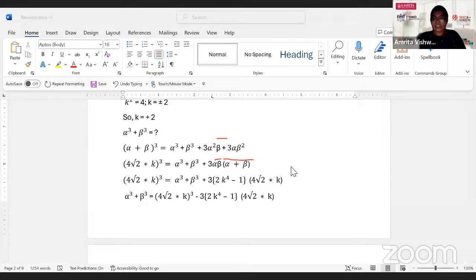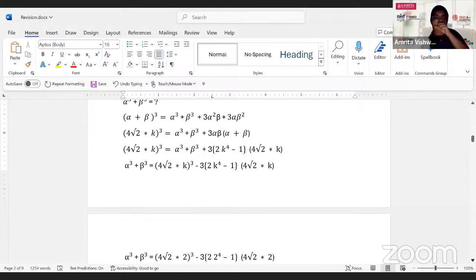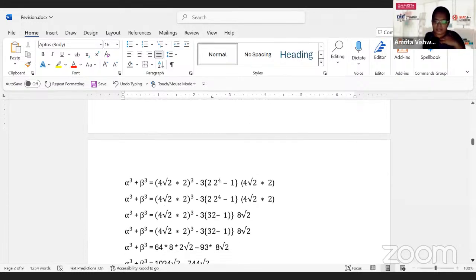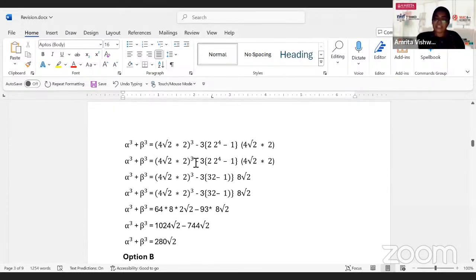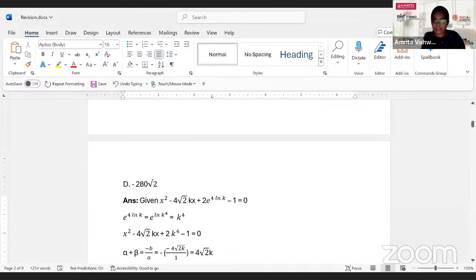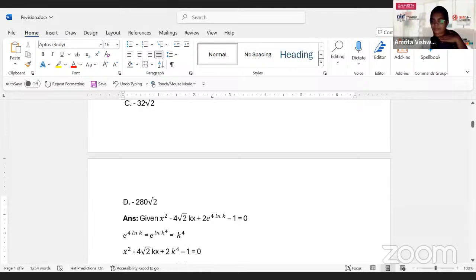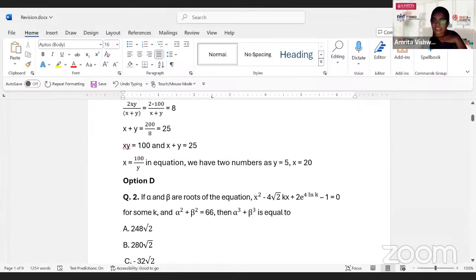So I want the students to give me an answer if you have completed the question. The answer is 280 by root 2. You just have to substitute for k once you have expanded it and simplify. I'll just show the question from the beginning.